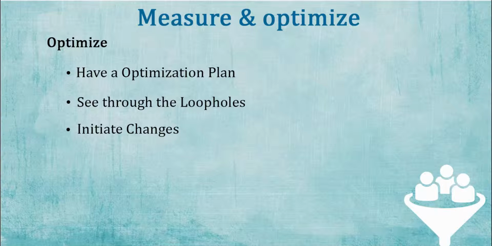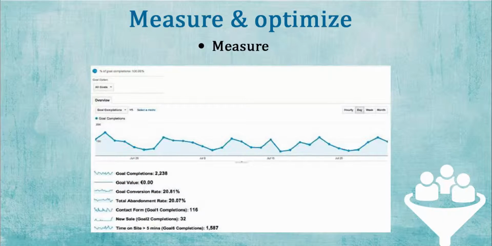As I said, whether the payment gateway is working or not, whether the contact form is working or not, you need to check for loopholes. For example, if you have a graph in front of you about your goals getting completed, you need to check the reason for a dip in goals on a particular day of the week, or why you have more sales on a particular day of the week. This kind of goal checking can help you enhance your optimization plan and take steps to improve it.